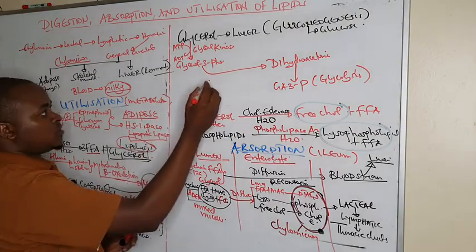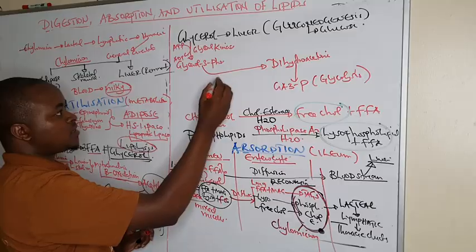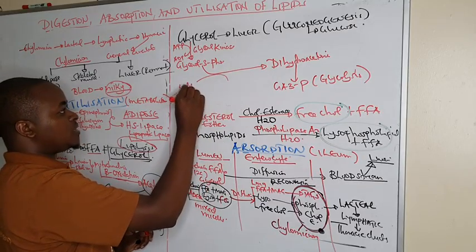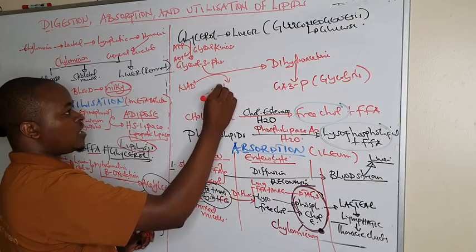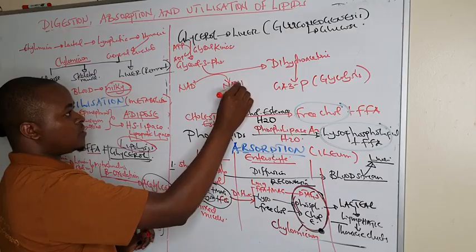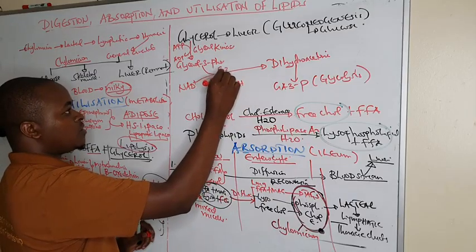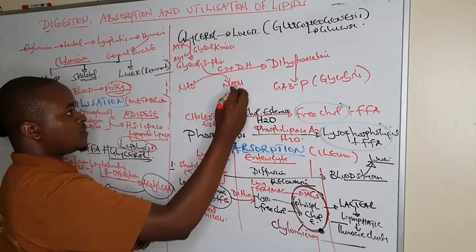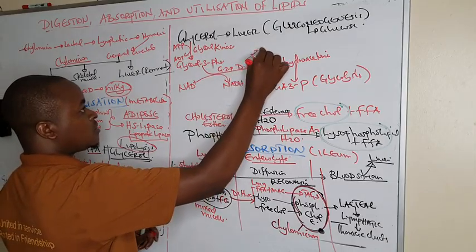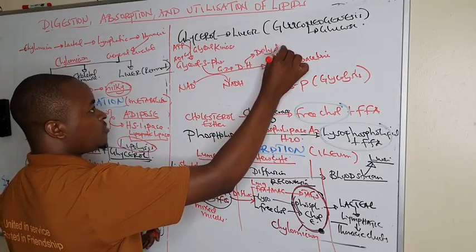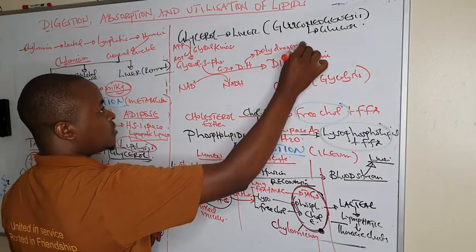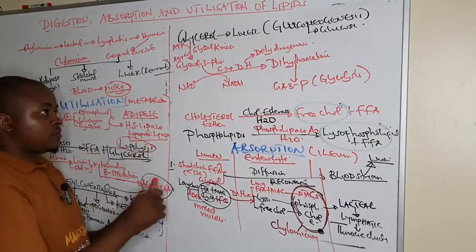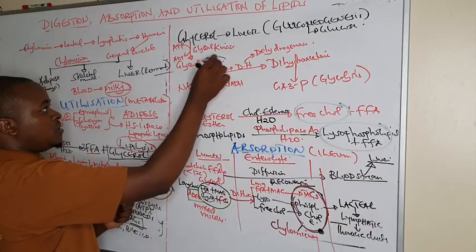How do we do this? Glycerol 3-phosphate undergoes oxidation, whereby we utilize NAD+ to remove hydrogen to form NADH in the presence of glycerol 3-phosphate dehydrogenase. It catalyzes the oxidation of glycerol 3-phosphate to dihydroxyacetone.